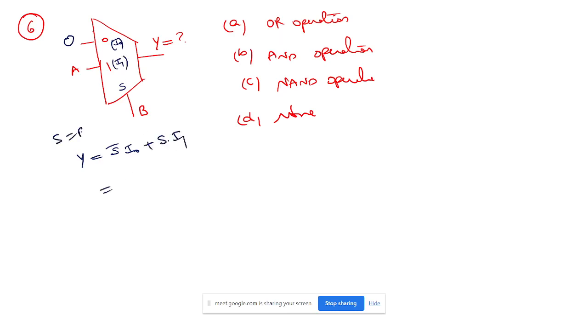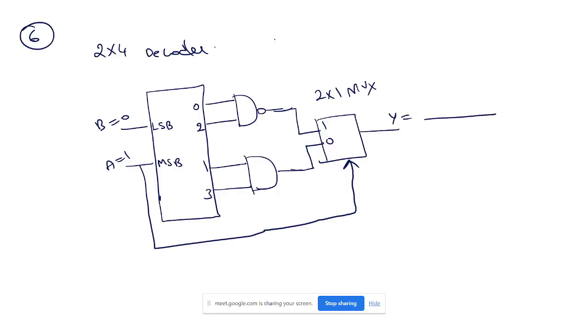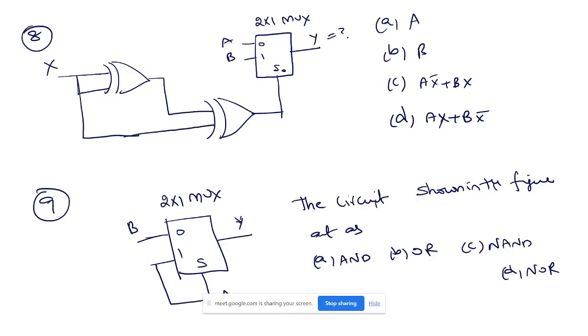Here S equals B, I0 is 0, I1 is A. So B complement times I0 is 0, so this will be 0, plus B times I1, which is A. So Y is A and B, or B and A, whatever. This is just an AND operation. Very simple. Do this.